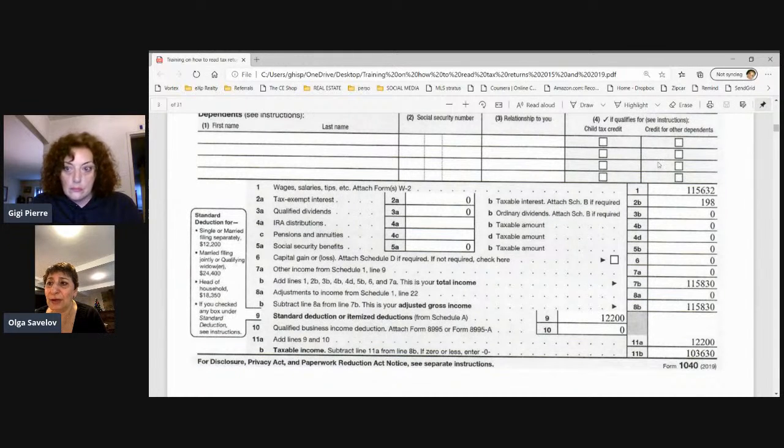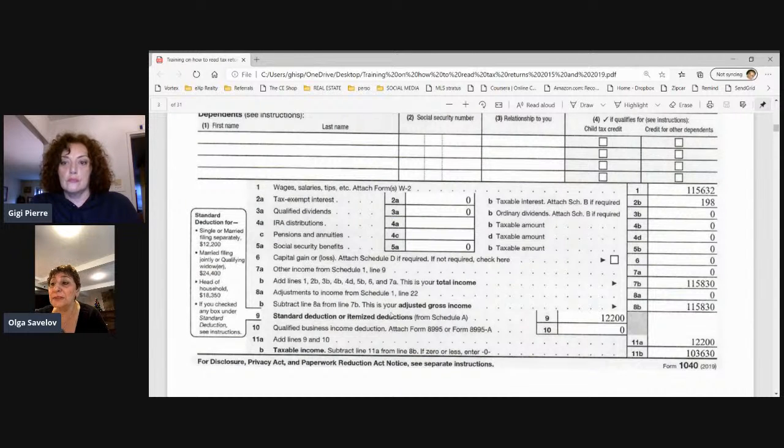If you have dividends, it's going to be on 3A. If you have any capital gain, whether from business or real estate, it will be on line 6. Other income from Schedule C will be on line 9. So that's what differentiates 2019 versus 2015.